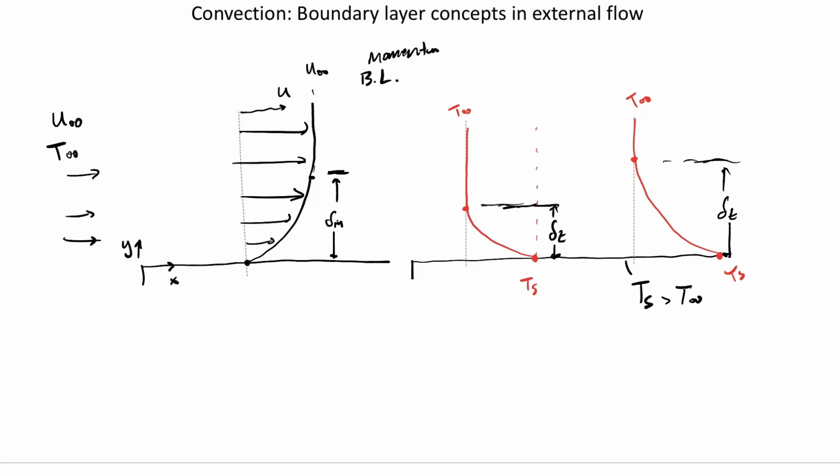It's going to start off right at the leading edge at 0 thickness. If I sketch it, it's going to look something like this. So you have this thermal boundary layer that right at the leading edge is immediately starting to grow, and then as you go further and further out, it continues to grow.